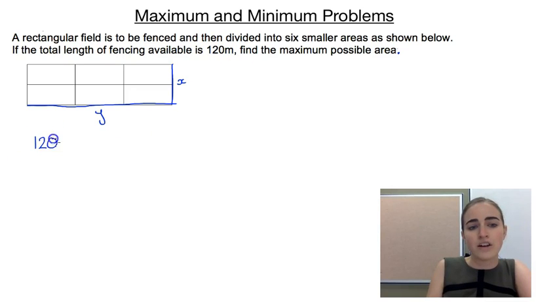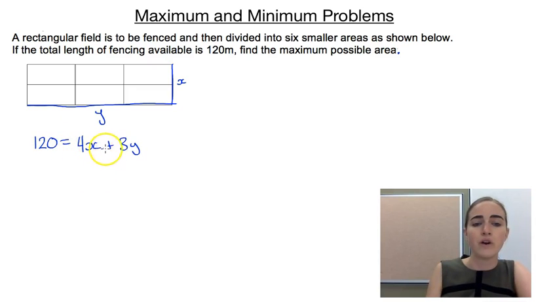So that 120 metres is going to be needed to use in all of that fencing. So we're going to have 4 sections of fence that are x units long, plus we're going to have 3 sections of fence that are y units long. So that 120 is going to be 4x plus 3y. So that's looking at the amount of fencing that we have.